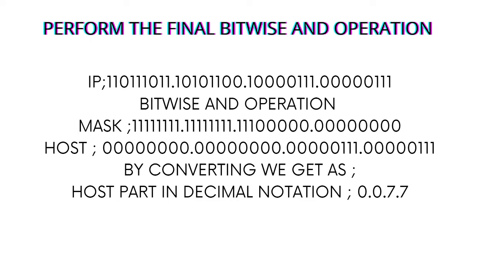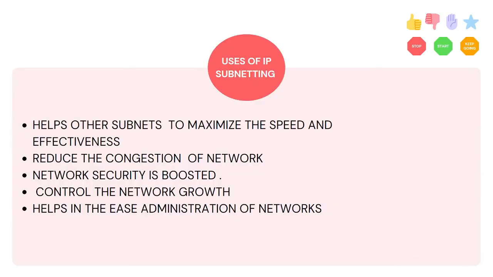So we perform the bitwise AND operation between these two binary forms, thus getting the host part of the IP address. When we convert this binary form to decimal notation, we get the answer 0.0.7.7.